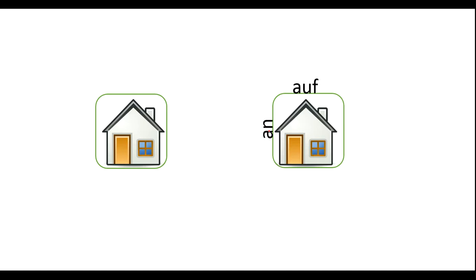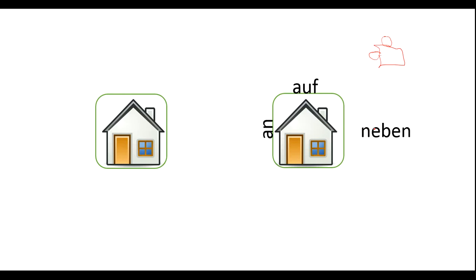An also means on. If it's touching from the upside, then auf. If it's touching from the side, then an. Like a wall clock on the wall, that is an. There is a book on the table, that is auf. If something is like this here, that is auf. If something is here, that is an.